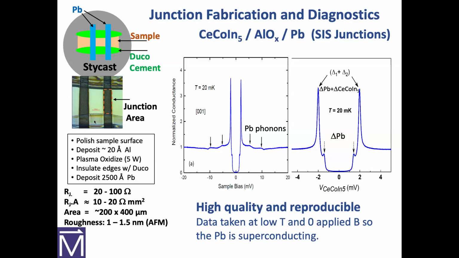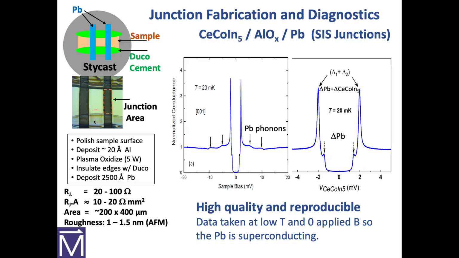So why don't we see delta 1 minus delta 2? We understand that. It's because the cerium cobalt indium 5 doesn't go to 0. Again, you can do this with sliding pieces of paper. But what this tells us is that this is a really good junction. Very clean. Almost everything's getting through by single-step elastic tunneling.